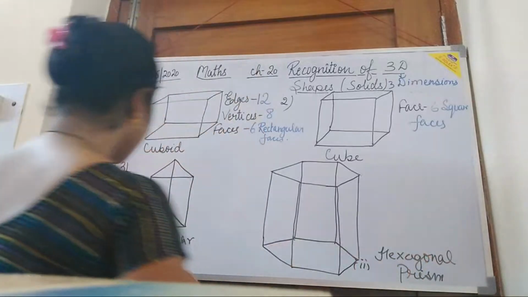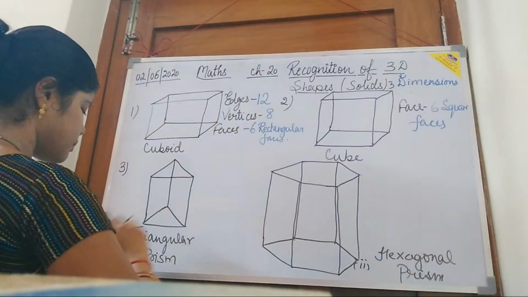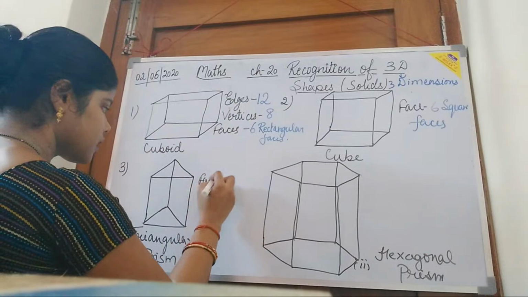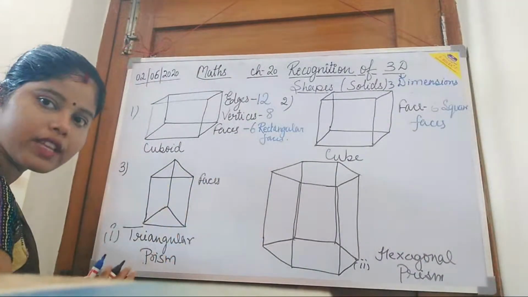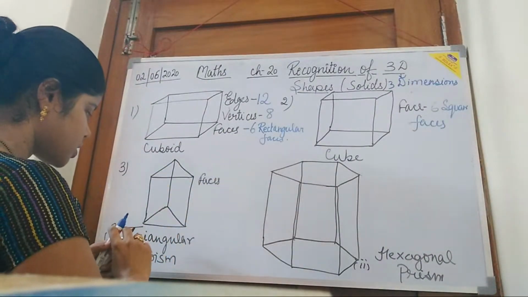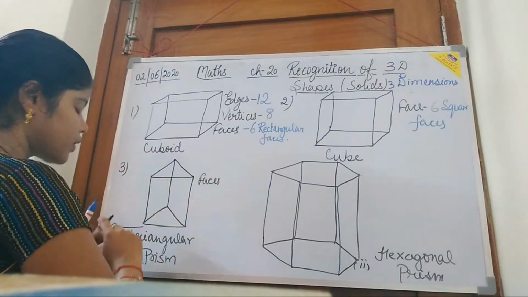So in this one, the triangular prism is having top and bottom faces as triangular. So 2 faces, and the other 3 as rectangular.